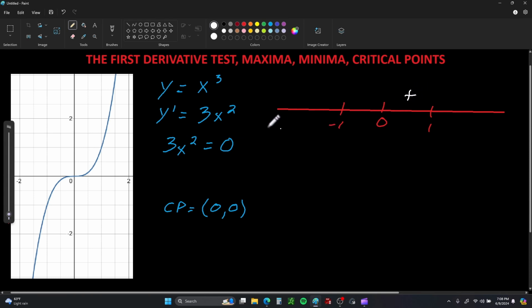And over here, if I put in a -1, well, 1 squared is 1 times 3 is also 3. So what this tells me is my function is increasing as I approach the critical point, and then after the critical point, the function is again increasing.